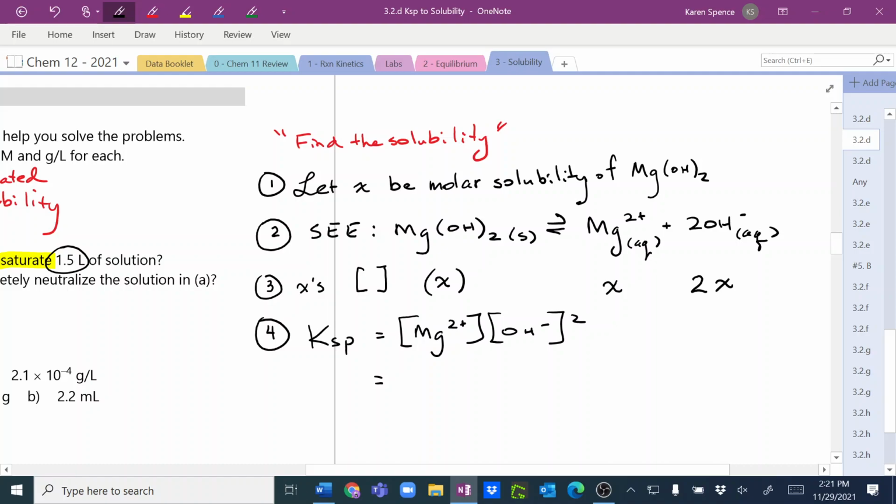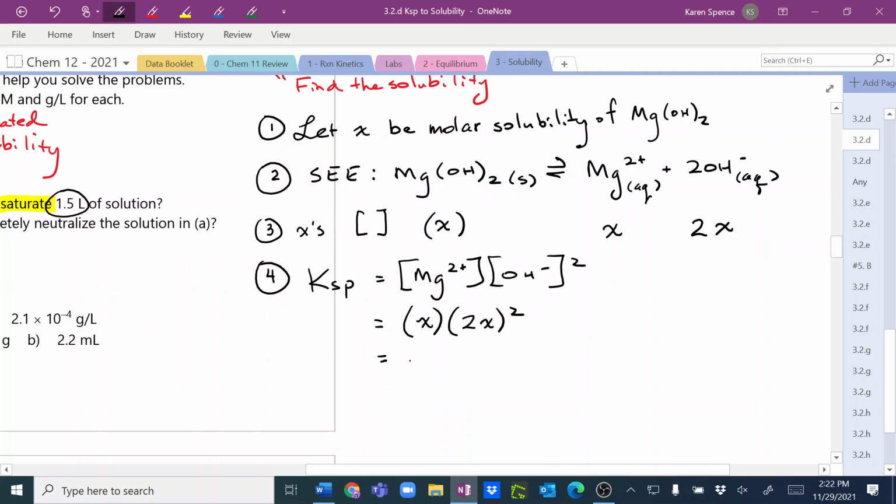Plug them in. X times 2x all squared. That gives us x times 2 squared is 4, and then x squared. And then finally that is 4x cubed.